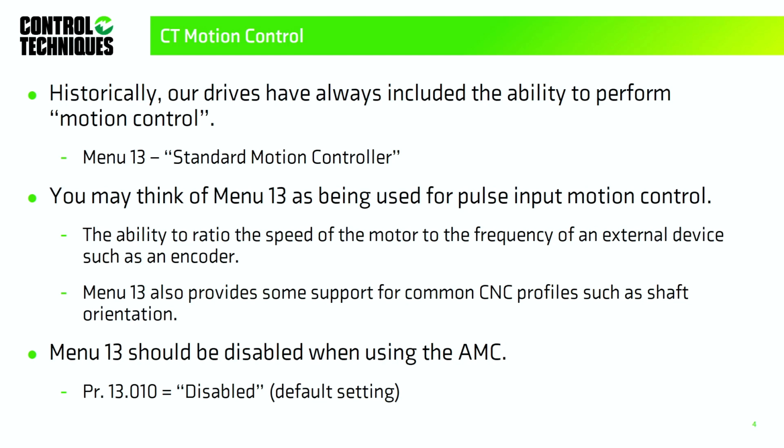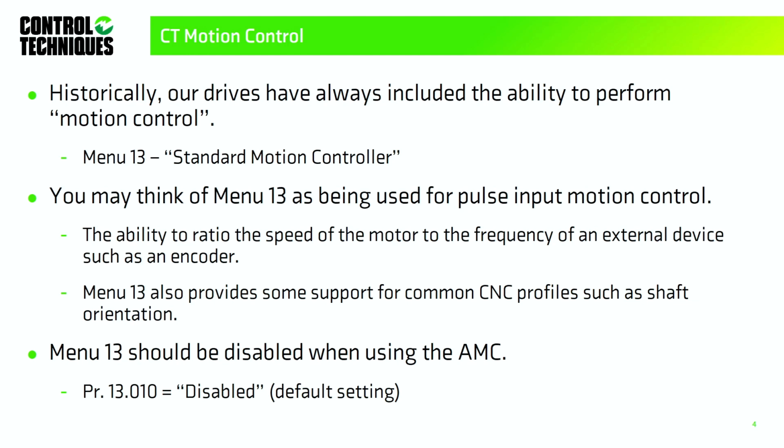Menu 13, it's called standard motion controller, and it's kind of confusing. You can't do positioning with menu 13. Menu 13 is more for pulse input, like gearing sort of stuff. So menu 13 provides you the ability to ratio the speed to the frequency of an external encoder. It also provides some support for common CNC profiles, such as shaft orientation and things like that.